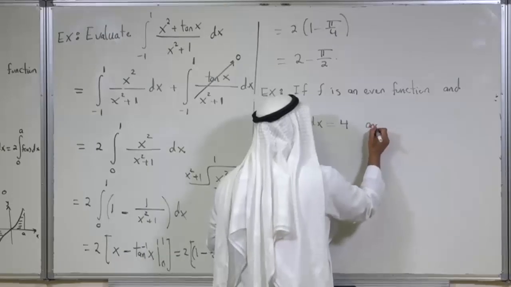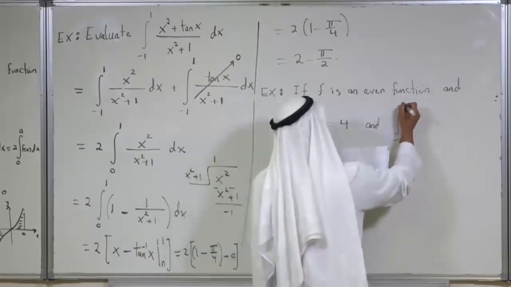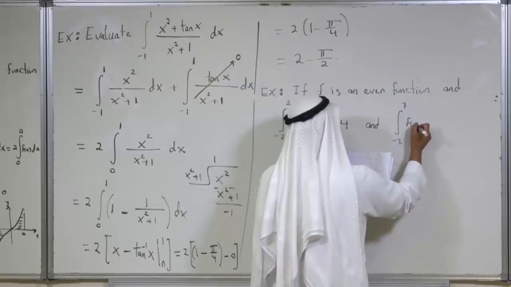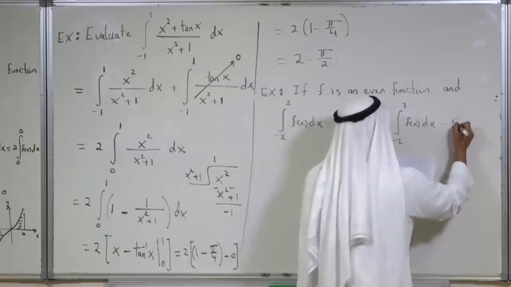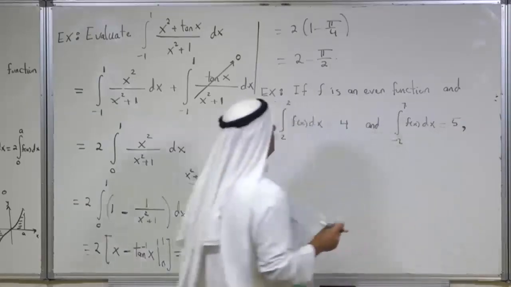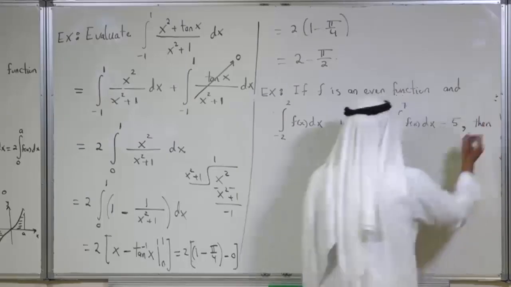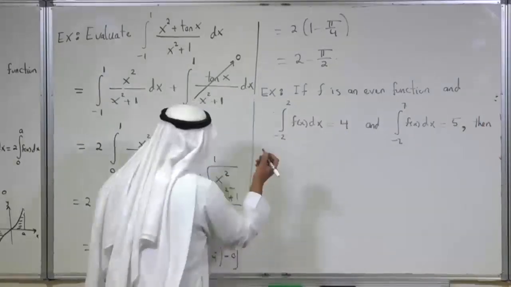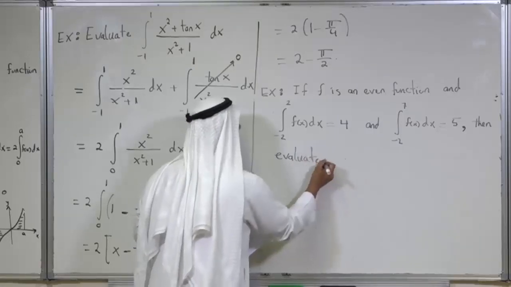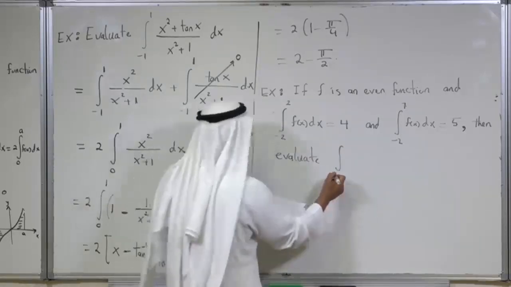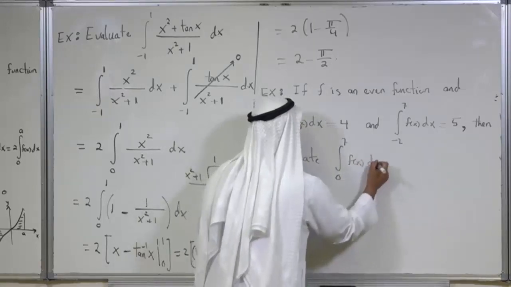And also, we are given that the integral from -2 to 7 of f of x dx is equal to 5. The question says, then find the value of, or evaluate, this integral from 0 to 7 of f of x dx.